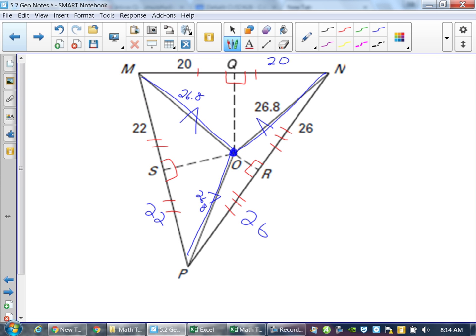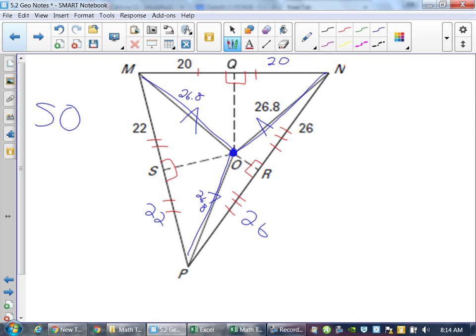What about MN? 40. Good. SP? 22. QN? And MP? 44. Okay. What if I got crazy and asked you to figure out what SO is?